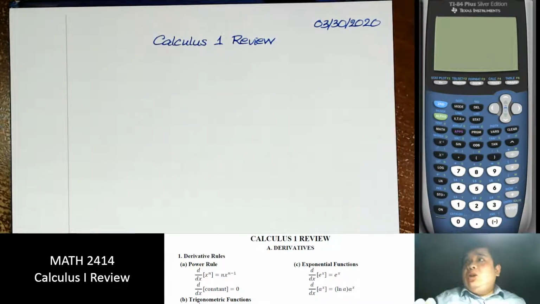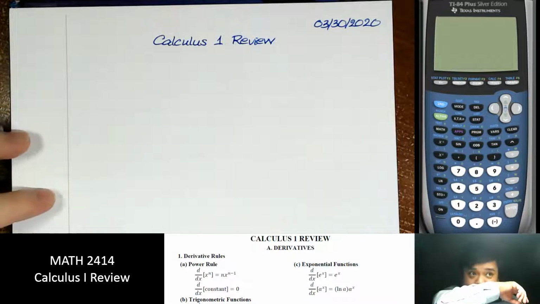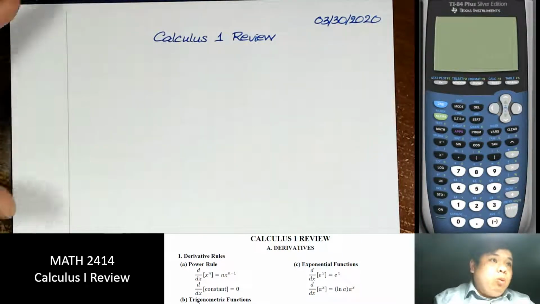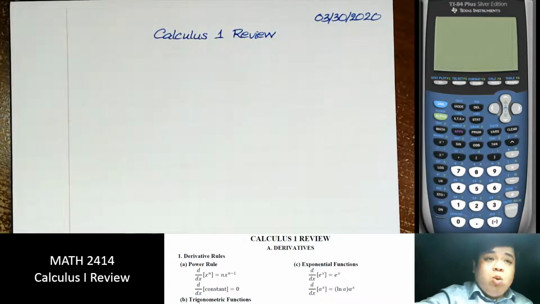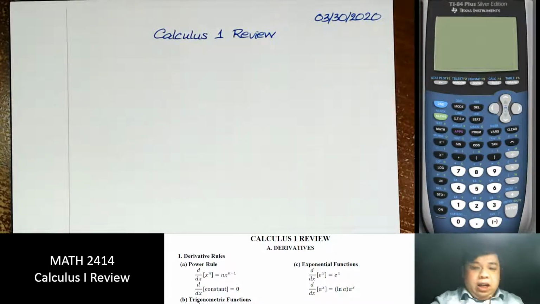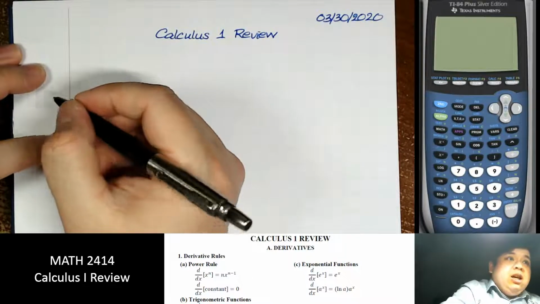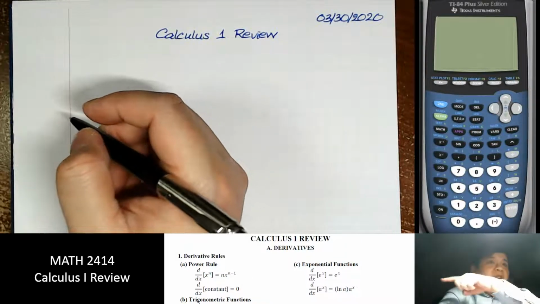So the first day I should go over what we have in Calculus 1, namely two main things: derivatives and integrals. Of course the note will be on that side.